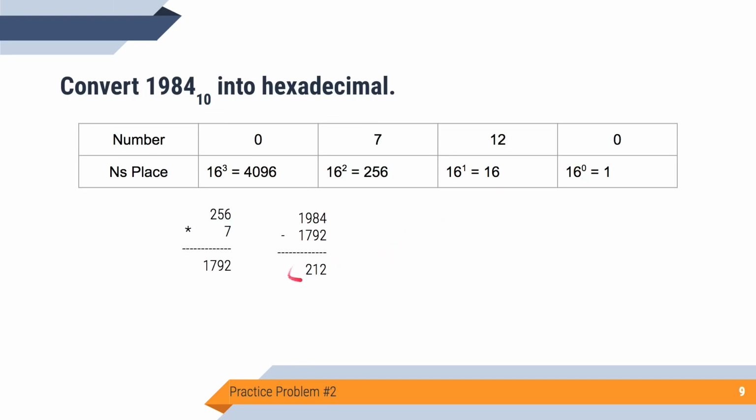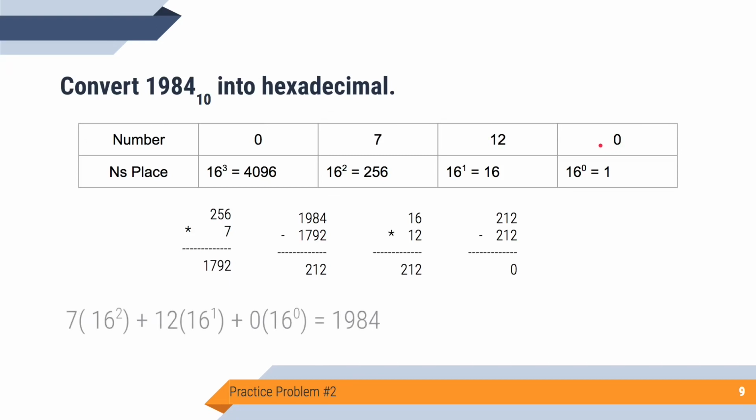So we divide 212 by 16 to find out how many 16s fit within 212, and we get 12. That fits perfectly: 16 times 12 is 212. When we subtract 212 from 212, we get 0, so we don't really need a remainder. In this case we just leave it as 0. But if the remainder was, say, 5, then we would put 5 here.